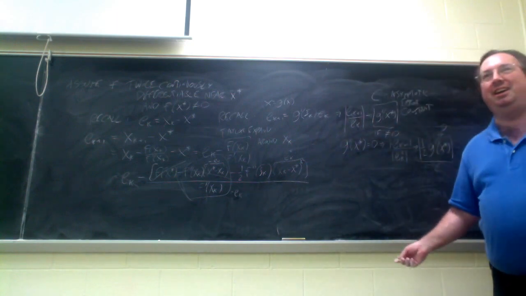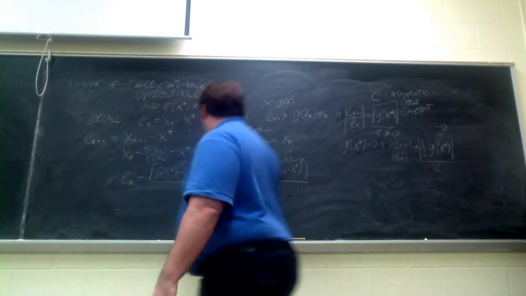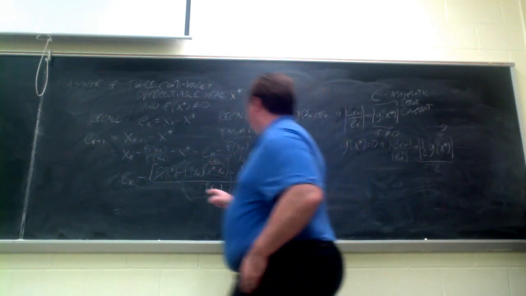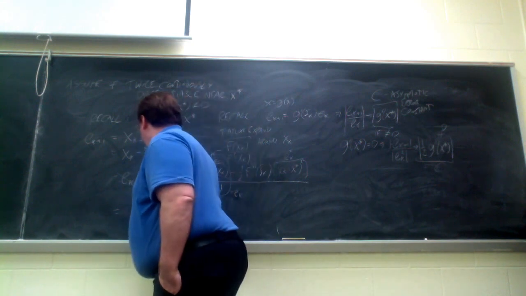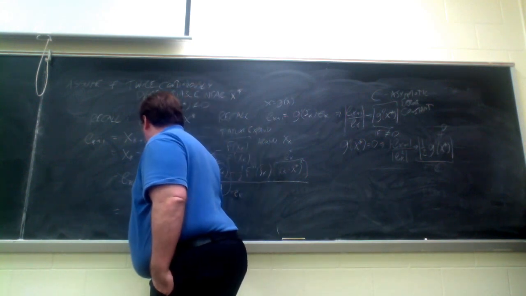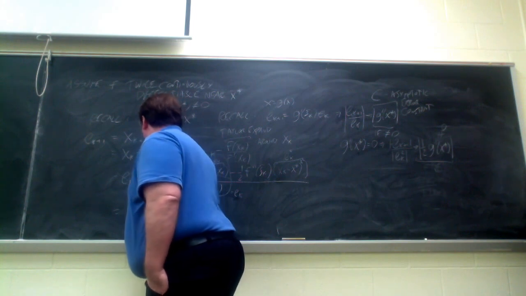Everything goes away, except this last term, where the minuses become a plus. So I have f double prime at xi_k times e_k squared over 2 f prime at x_k.